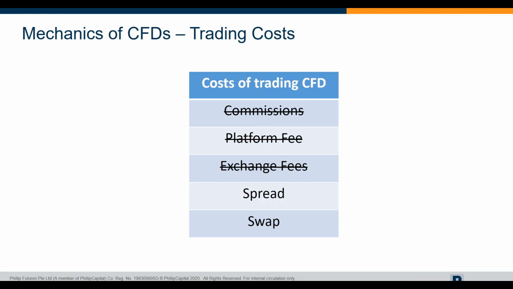There will not be platform fees. There will not be exchange fees. This example is basically on the platform that we have, Phillip MetaTrader 5. But for other platforms, we will not comment about that. For us, you wouldn't be charged any commission fee, platform fee, or exchange fee. So the two main costs for trading CFD are really just the spread and the swap.